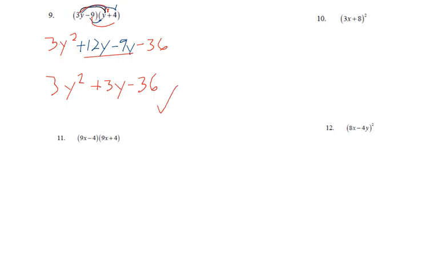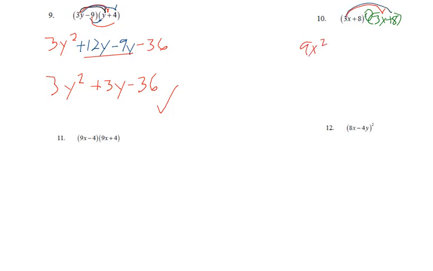In question 10, you see the little exponent 2. Again, that just means write the problem twice in FOIL. So first, 3x times 3x is 9x².